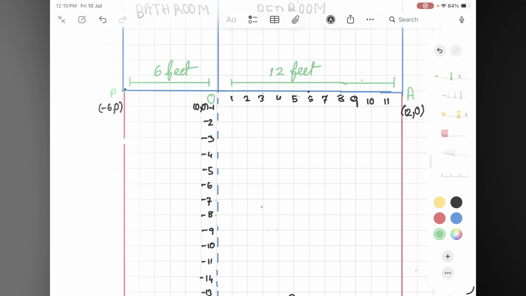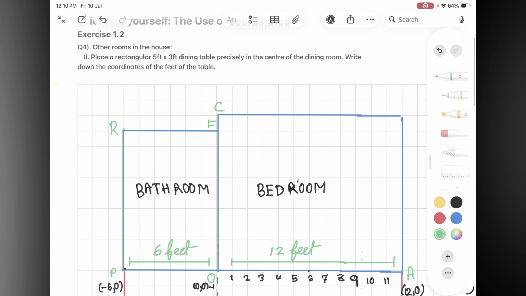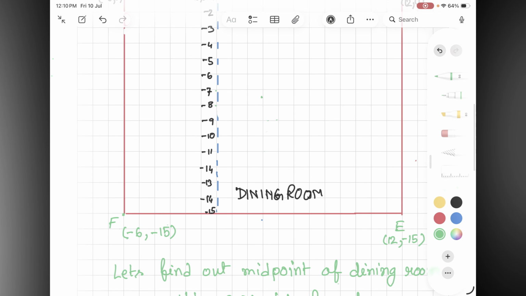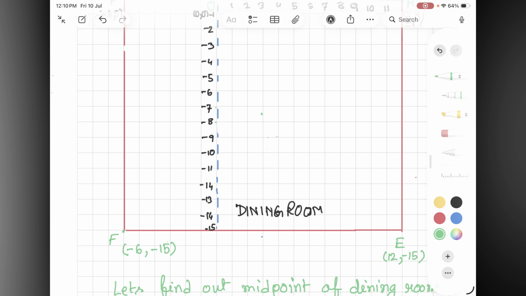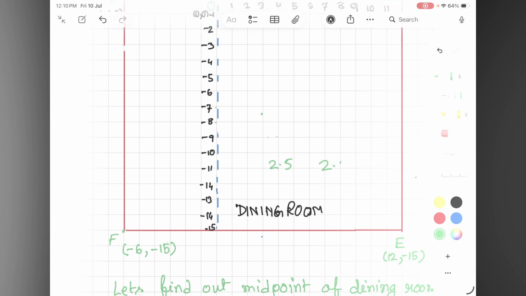Other information is given. The dining table measurement is given, 5 feet by 3 feet. So 5 feet is the length of the dining table. How do you measure? 5 divided by 2. If we divide 5 into 2 equal parts, you get 2.5, 2.5. This way we can divide the length on both sides, left side and right side.